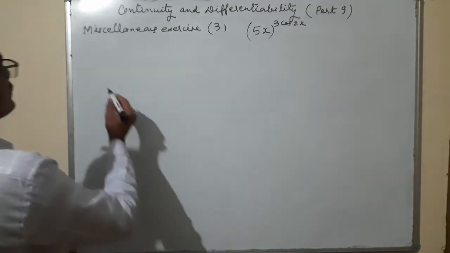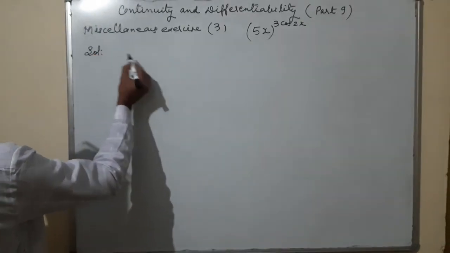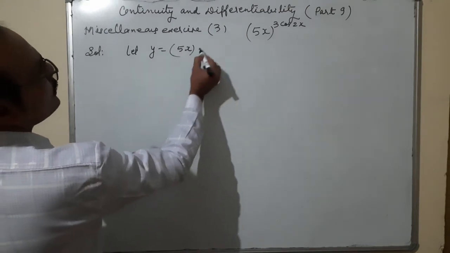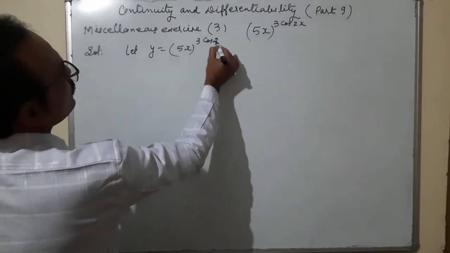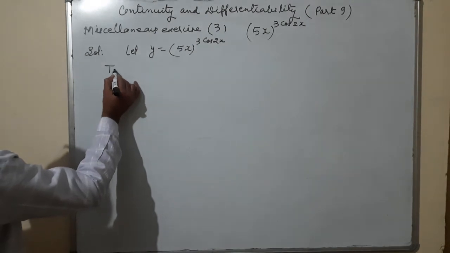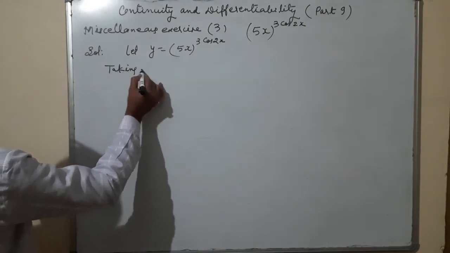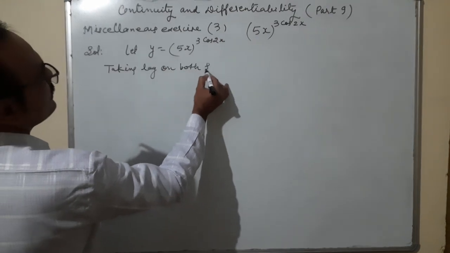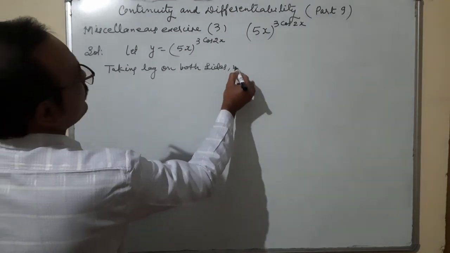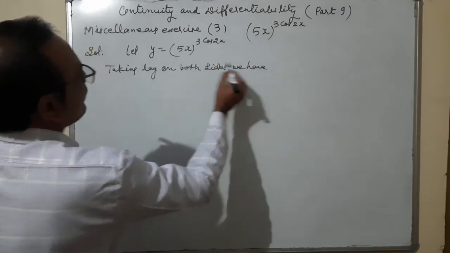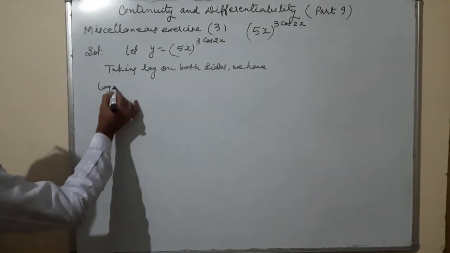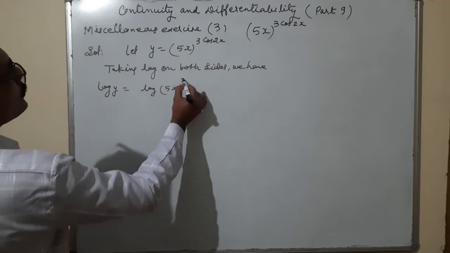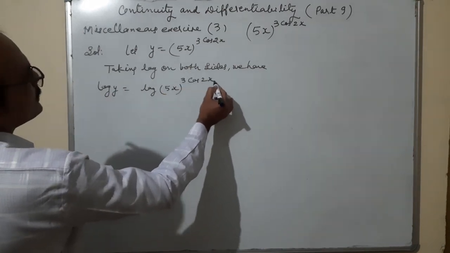So let y is equal to 5x to the power 3 cos 2x. Taking log on both sides, we have log y is equal to log 5x to the power 3 cos 2x.